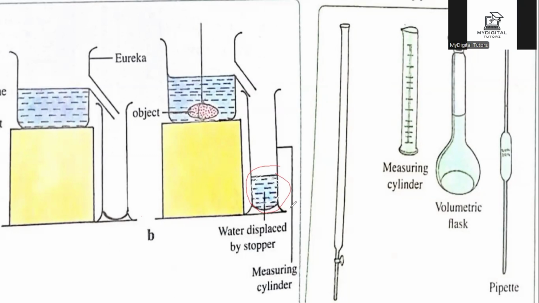The volume of water displaced by the irregular shape is equal to the volume of the shape. You take it to the measuring cylinder and get the exact volume of that object. Other instruments are burette, measuring cylinder, volumetric flask, and pipette. All these are used in taking the volume of an object. I hope this is clear.